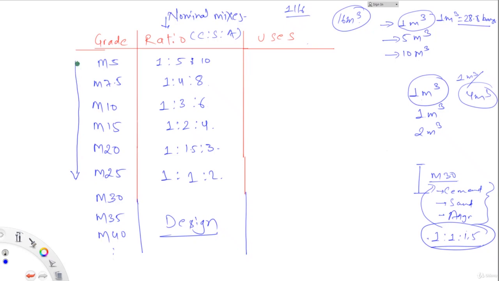So M5 and M7.5, these two are known as lean concrete. M10 to M20, they are known as ordinary concrete. M25 to M55, they are known as standard strength concrete.